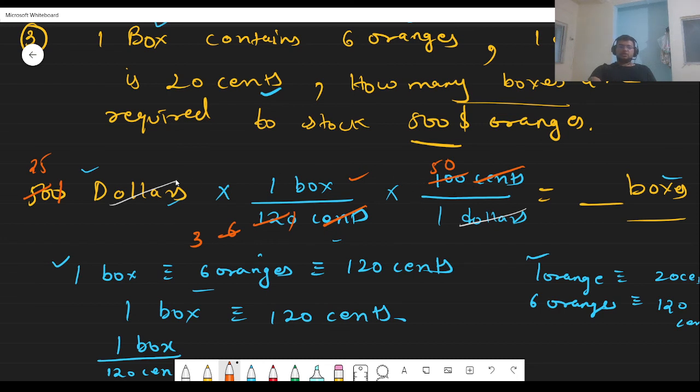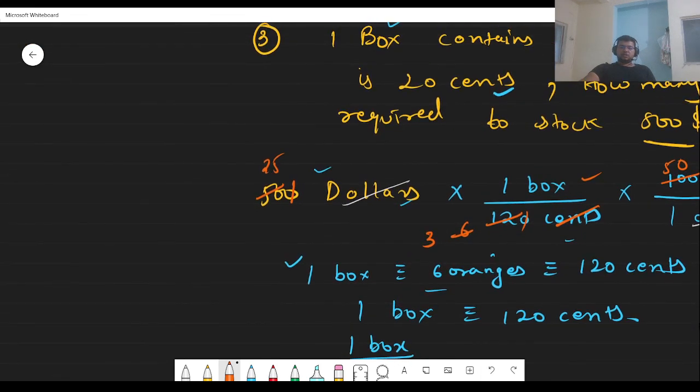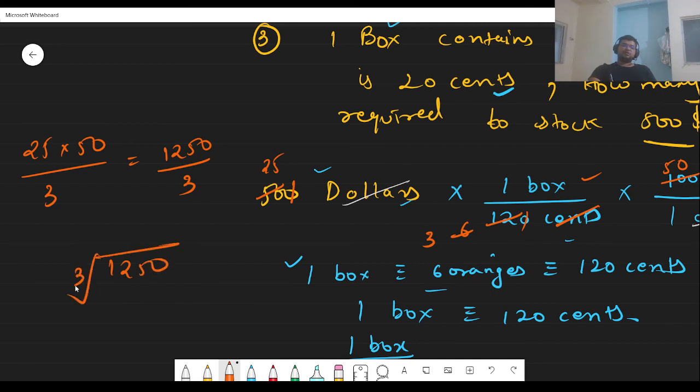Now we have to do this calculation: 25 times 50 is 1250, divided by 3. 3 fours are 12, 5 will come here, 3 ones are 3.